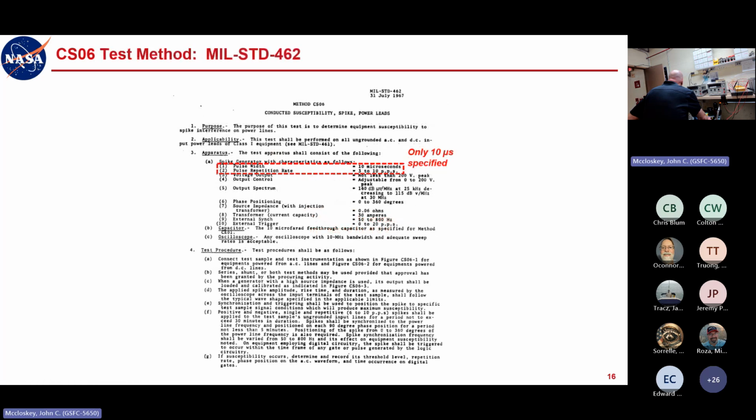And then in the test method specified in Mil Standard 462, they actually only specify the 10 microsecond pulse. I couldn't answer why that's the case, but that's the default, and they specify a repetition rate of 3 to 10 pulses per second, for whatever that's worth.